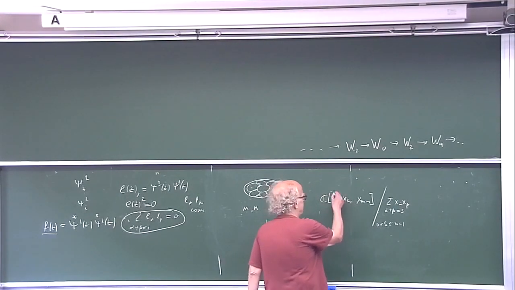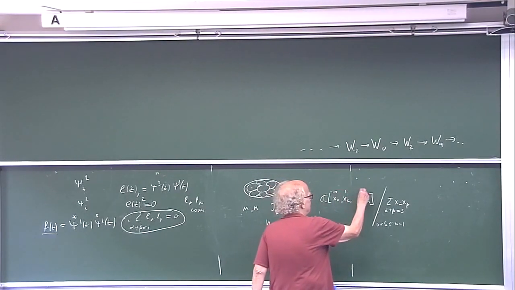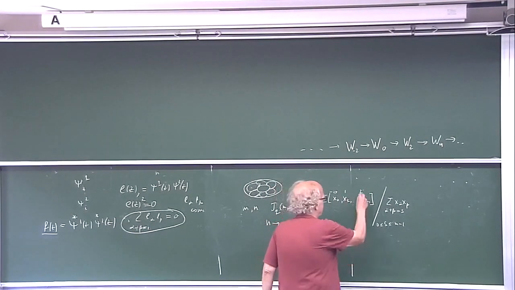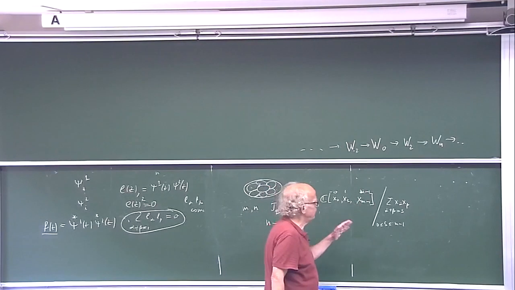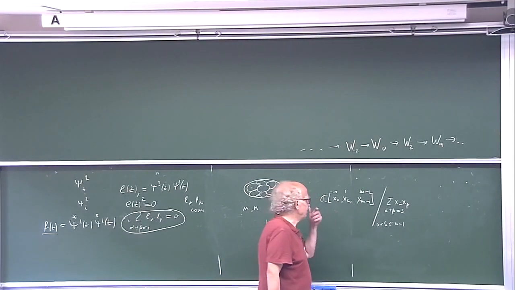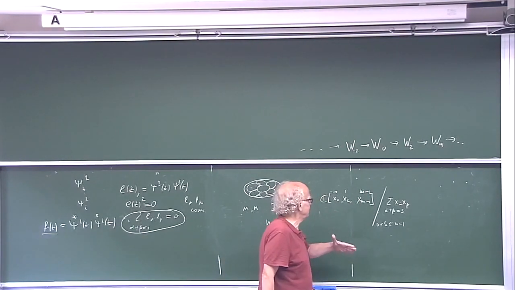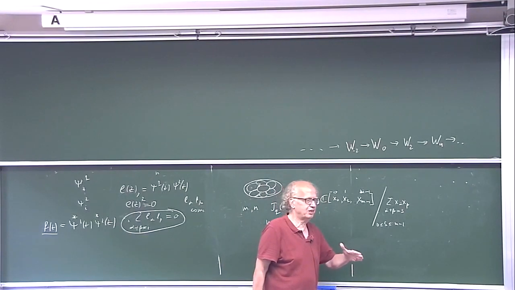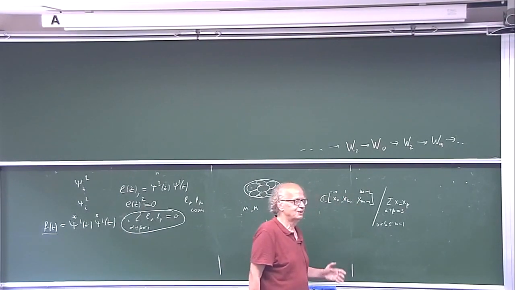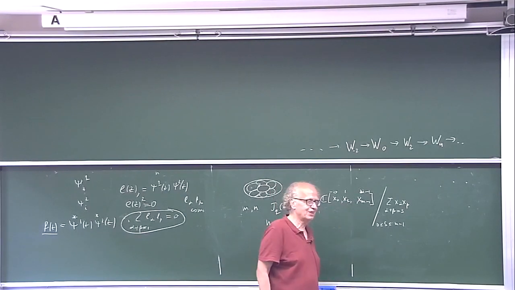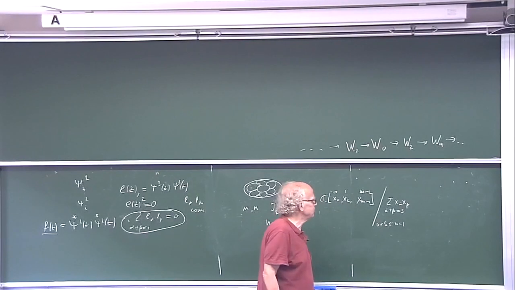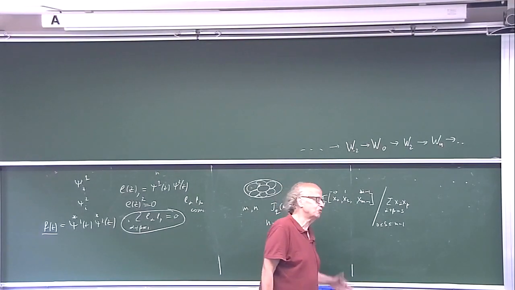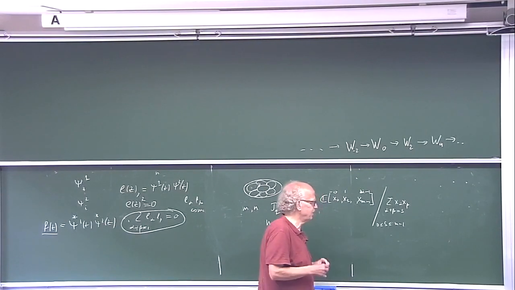I have to grade them by 0, 1, 2, up to m minus 1, or maybe shift by 1, this I do not know. After that, we get a graded space. So each x i has grading i. So altogether it is such a kind of q grading. And then we can calculate the character, and this character will be not a polynomial here but a series, which is such a kind of limit.